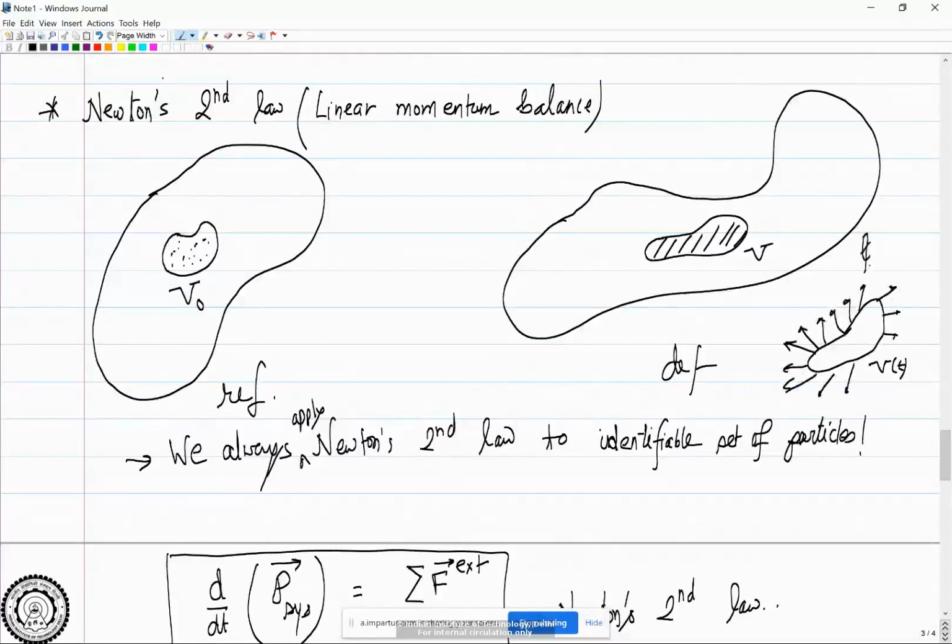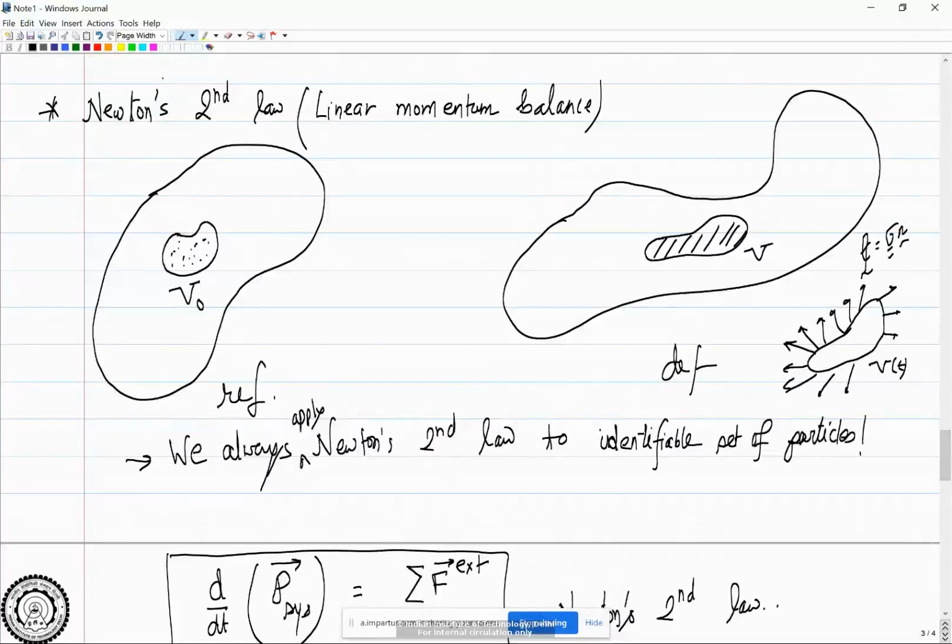And you know that the traction t is equal to sigma into N, where N is the outward normal. Okay, so this is the contact force on this small volume V acting from the other part of the body.